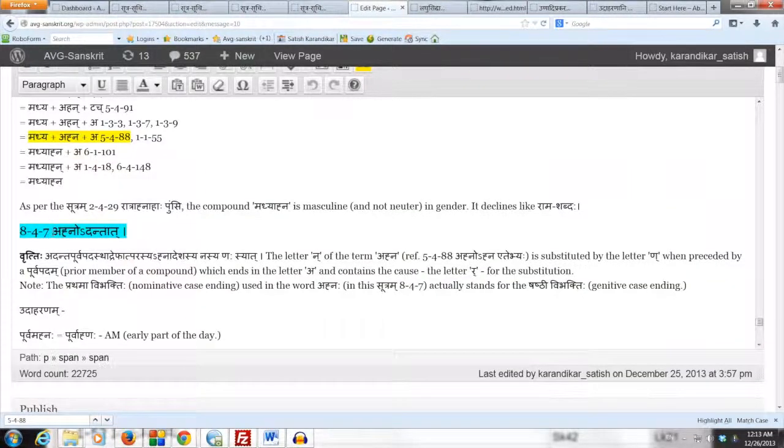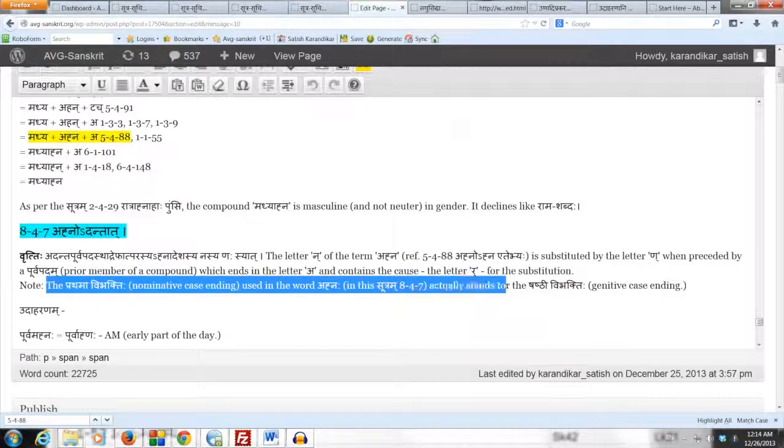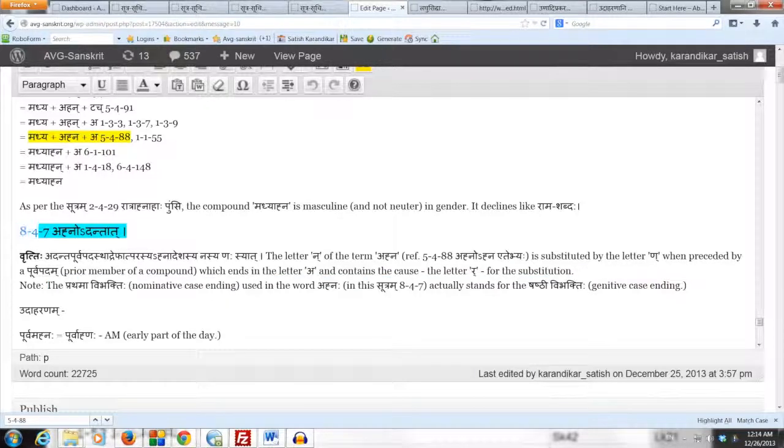But here we see that ahnaha is ending in a first case affix. But that first case affix has been irregularly used here. It stands for a sixth case affix. It is said, chandovat sutrani bhavanti. These sutras of Panini are like the Veda, meaning that we sometimes see these kinds of irregular usages.